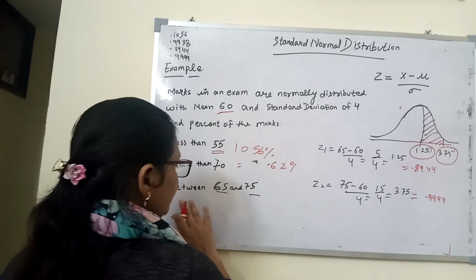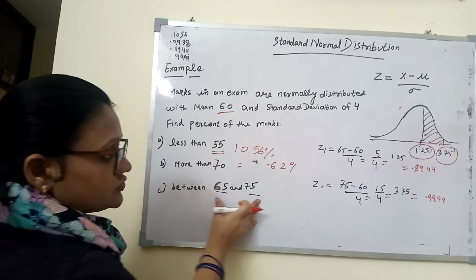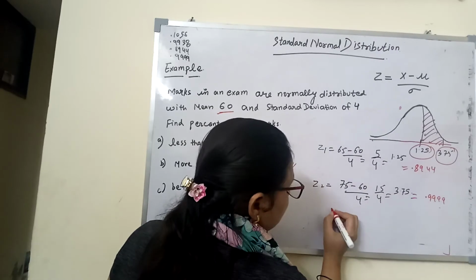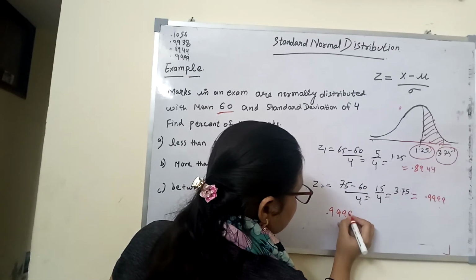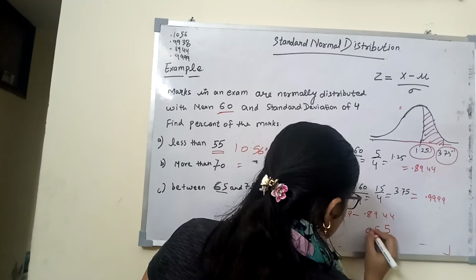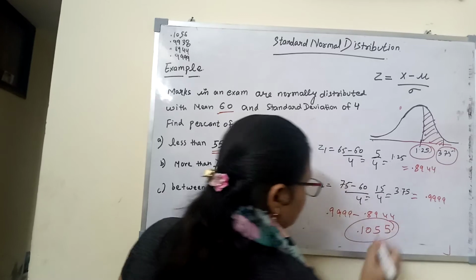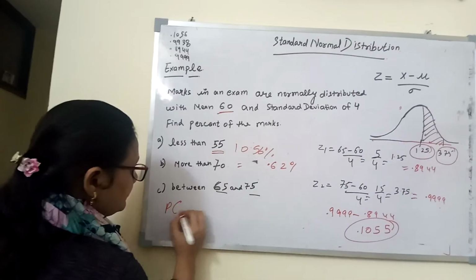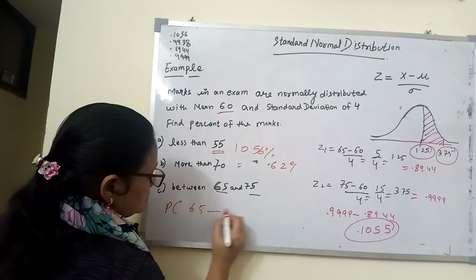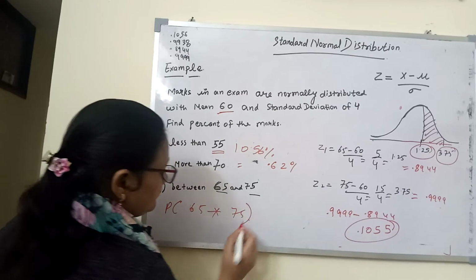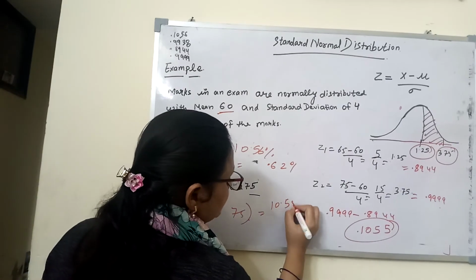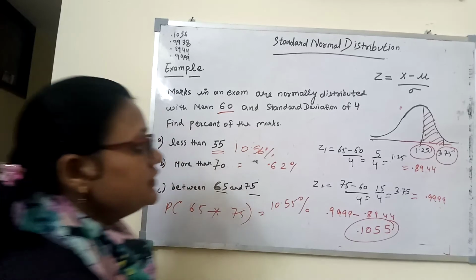Now, to find the values between these, we will subtract one from the other. This is our probability where our value is from 65 to 75. If we convert it into percentage, our percentage is 10.55.